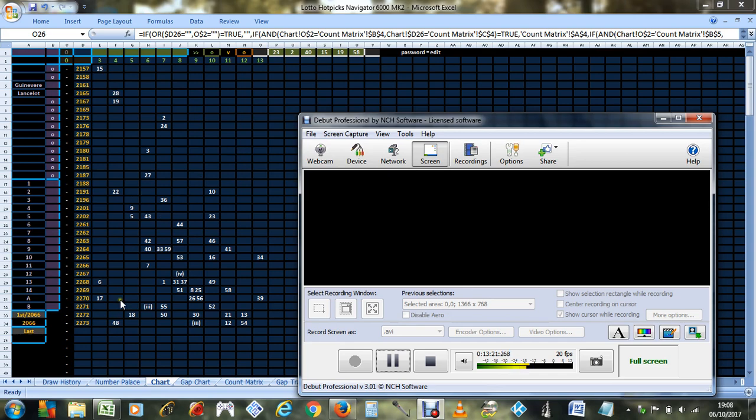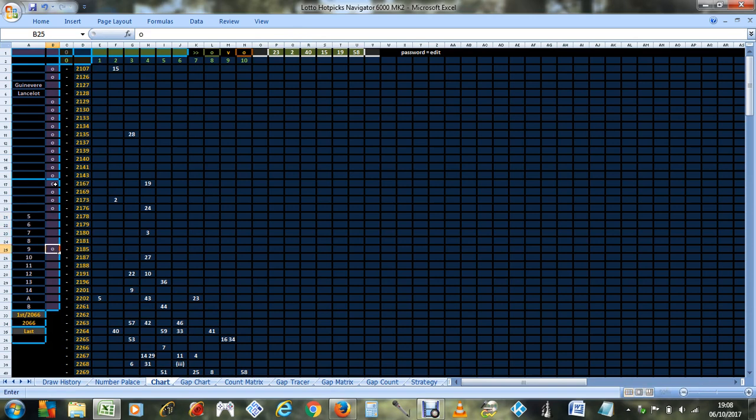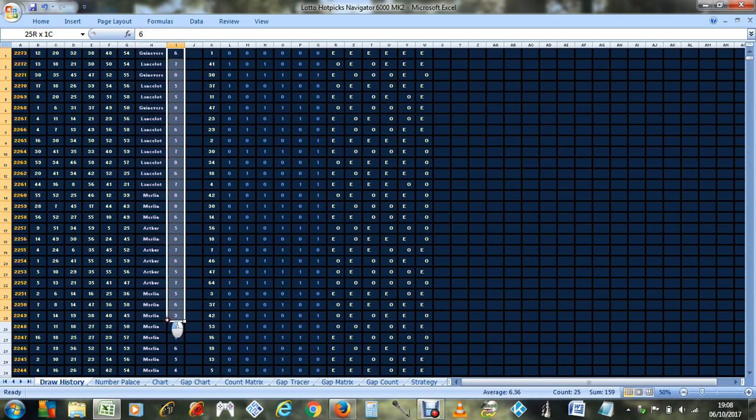See, this is an up-to-date chart of all the balls in the Lotto, balls 1 to 59, on a chart, just looking at the draws where Guinevere and Lancelot have been used, or where sets of balls 5, 6, 7 and 8 have been used, because looking at the draw history, that's which two machines are being used at the moment, and that's which 4 sets of balls are being used at the moment.